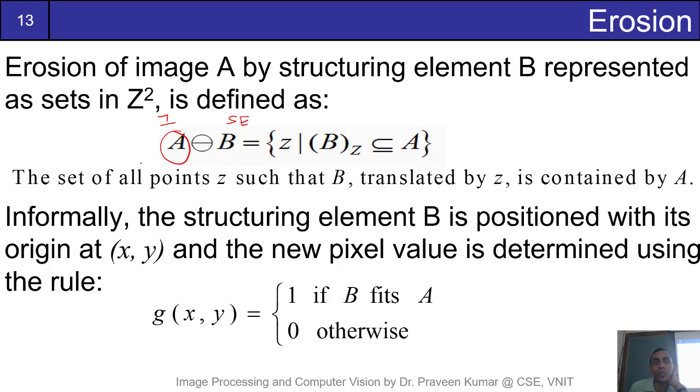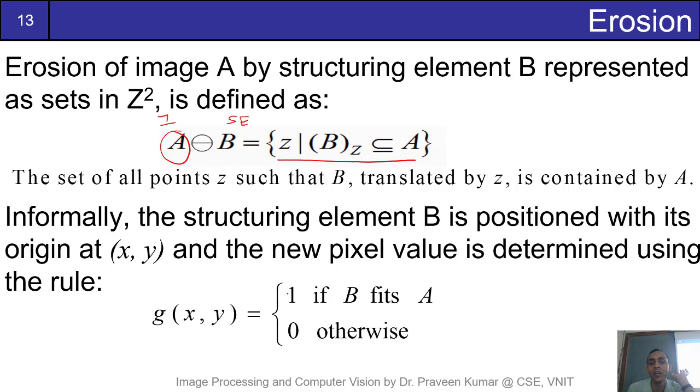So this notation basically says it is a set of all points z such that B, when translated by z, is fully contained in A, is fully fitting into A. So informally, you take the structuring element B, position its origin at any location (x, y) of an image, and try to see if at that location B fits A. If B fits A, then you will output 1 there, otherwise you will output 0.